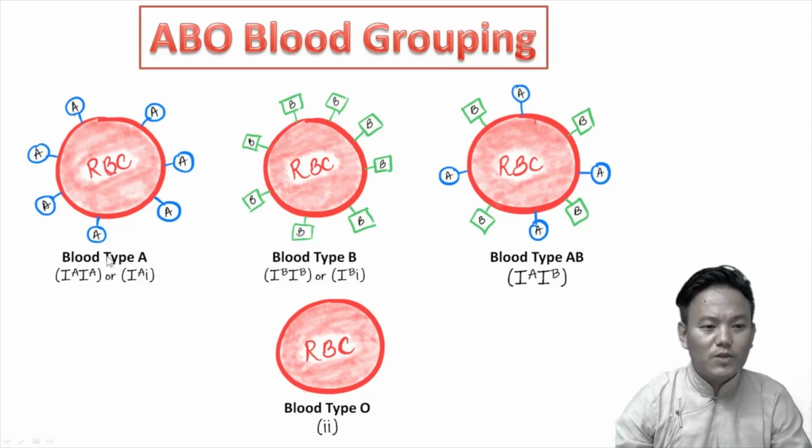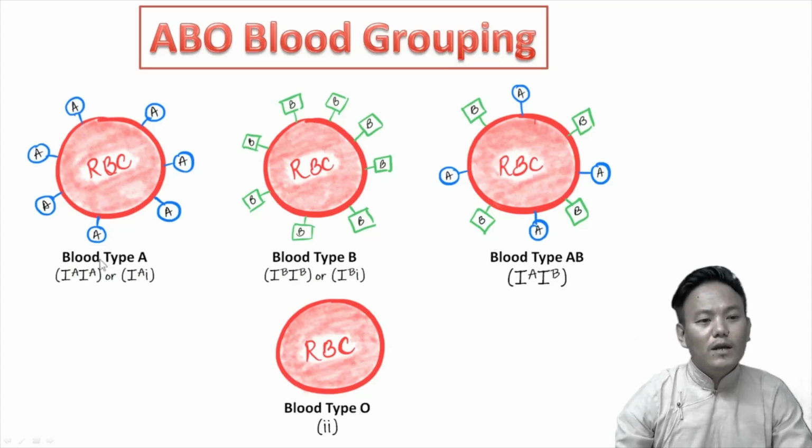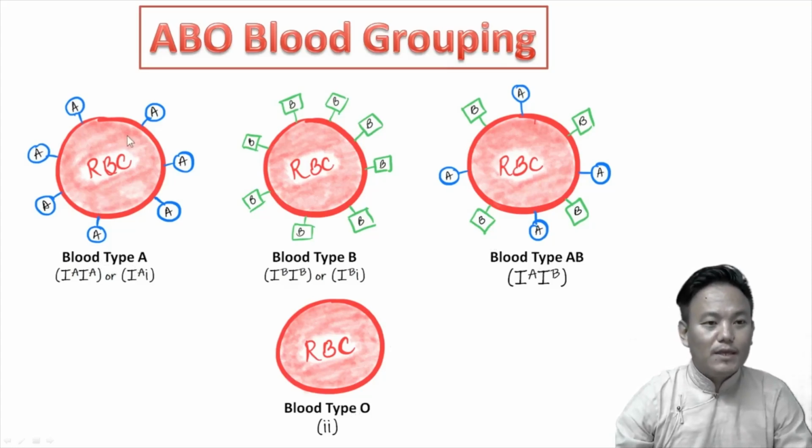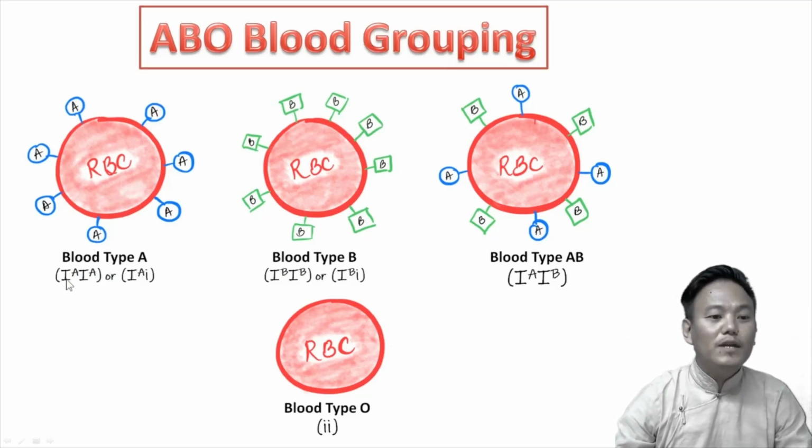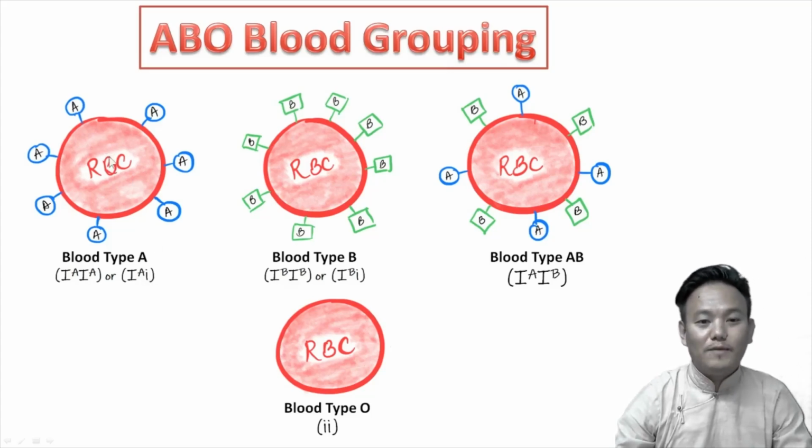This RBC is of blood type A, this RBC is of blood type B, this RBC is of blood type AB, and this RBC is of blood type O. Blood type A, you can see that it has sugar polymer A. And the possible genotypes for this blood type will be IA homozygous, IA small i heterozygous. Since IA is completely dominant over the small i, the blood group will be type A.